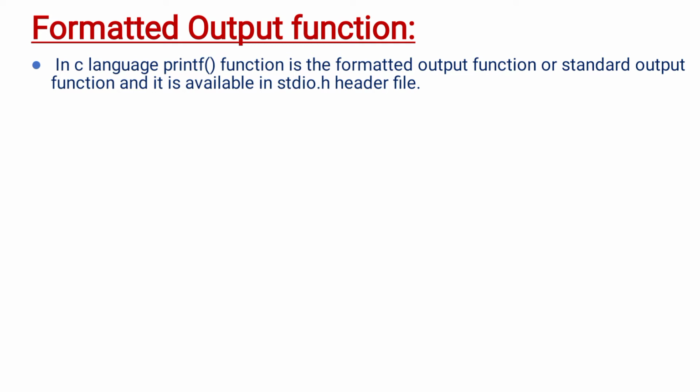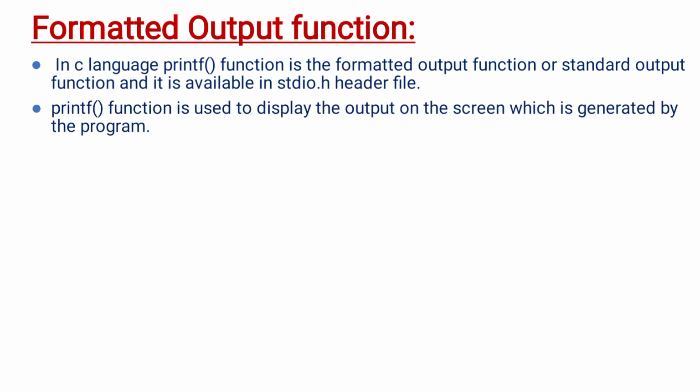The printf function is used to display the output generated by the program on the screen. If you run your program, the output should be displayed on the screen by using the printf function.